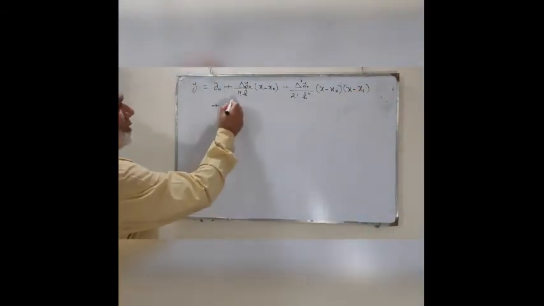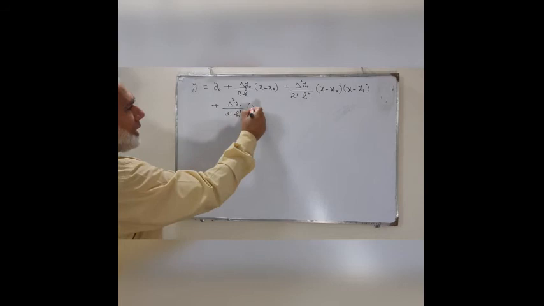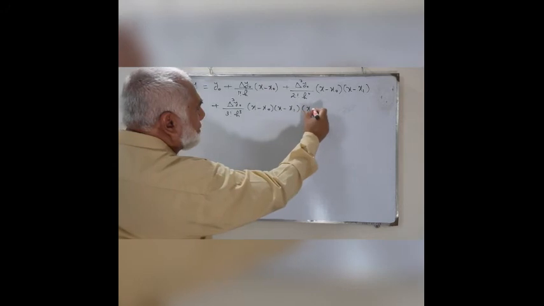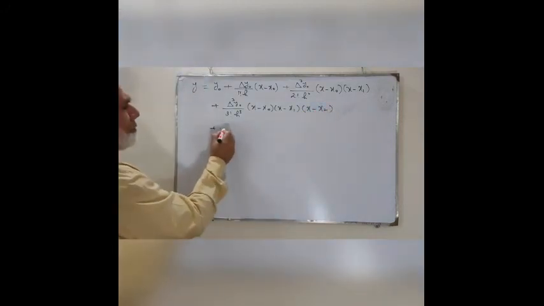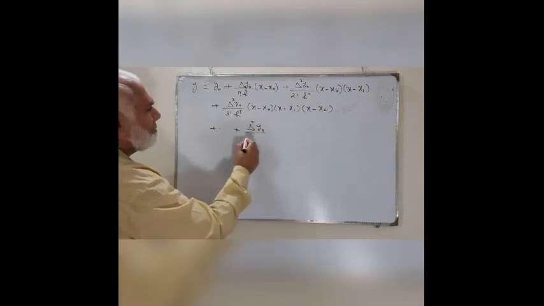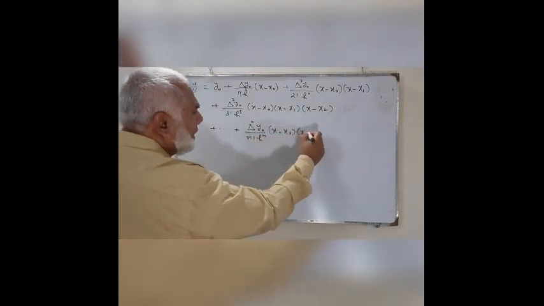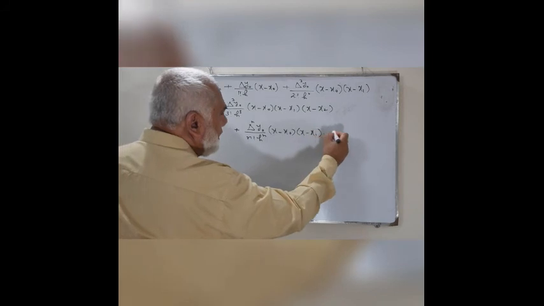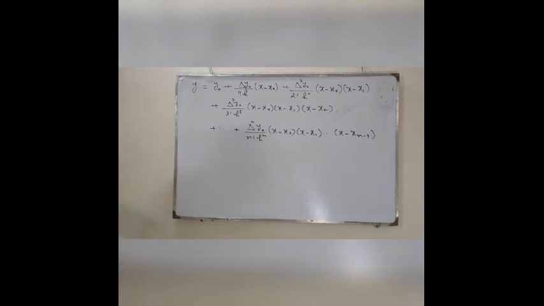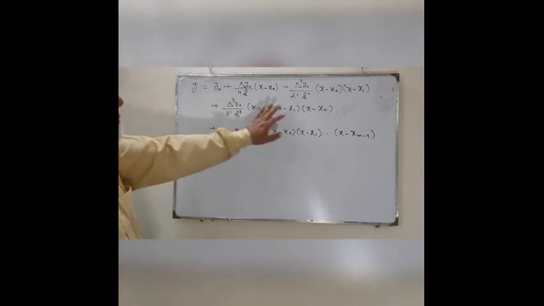Similarly, the next term will be del 3y0 over 3 factorial times h cubed, x minus x0, x minus x1 and x minus x2. And we can proceed on the same lines, and the last term can be written as del ny0 over n factorial times h to the n, x minus x0, x minus x1 and so on, x minus xn minus 1. So after substitution of the unknowns involved in the polynomial, I succeeded in finding this polynomial.